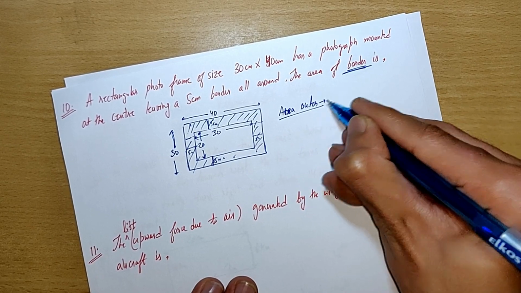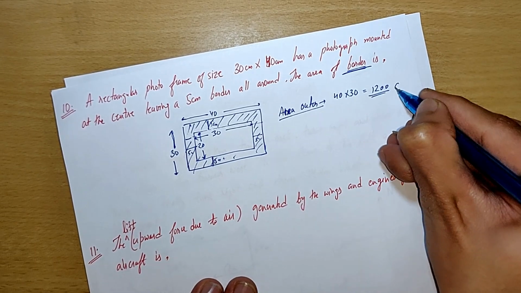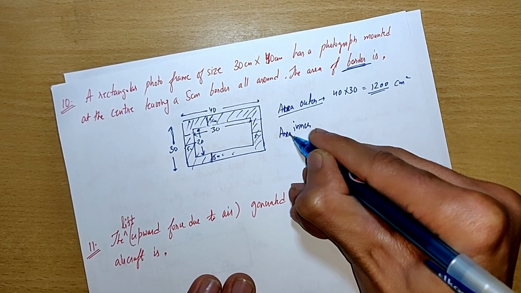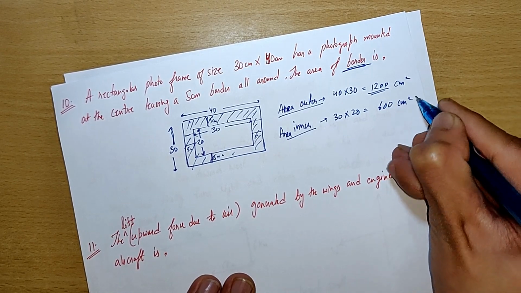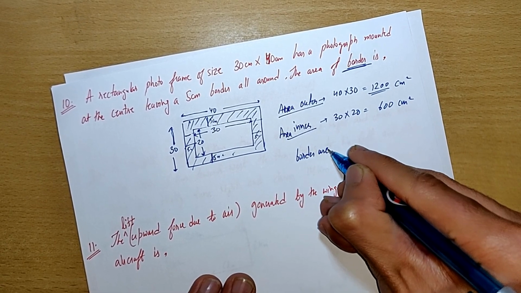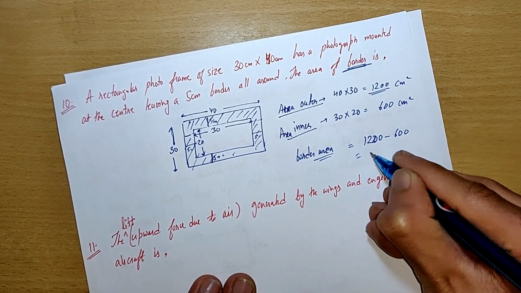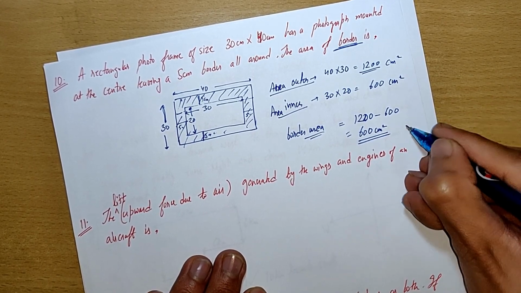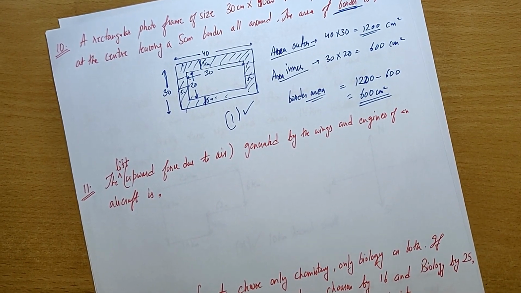It would be 40 into 30, 1200 square centimeters. And the area of the inner rectangle would be 30 by 20, that is 600 square centimeters. So the border area would be outer minus inner, which is 600 square centimeters. And the correct option would be the first one, 600 square centimeters.